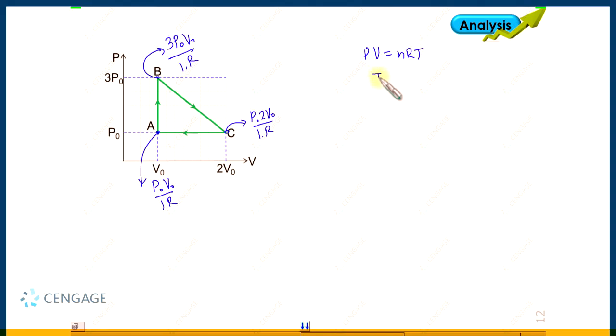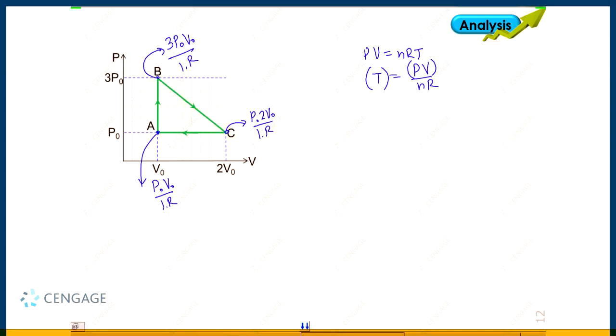That means T equal to PV divided by nR. You know nR is constant. If the product PV is greatest, T will also be the greatest. That means the temperature may be greatest somewhere between B to C.